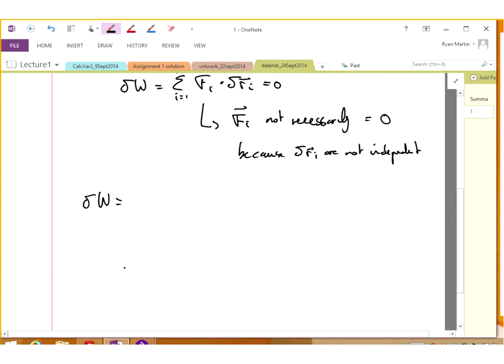So if I expand this out, that's in two terms: the sum of I equals 1 to n of Fi dotted with delta ri, plus the sum of I equals 1 to n of big I sub I dotted with the delta ri.